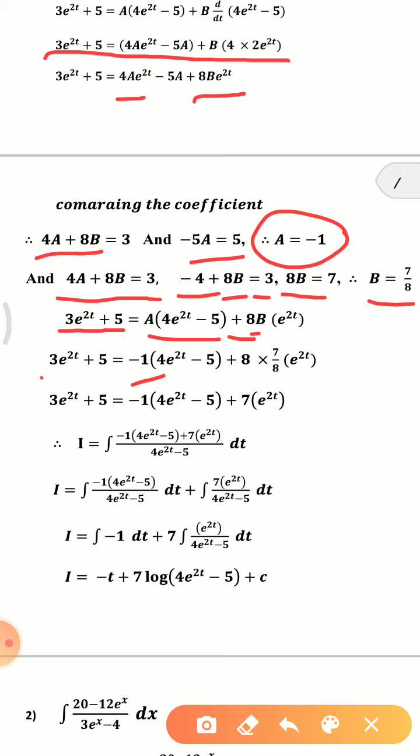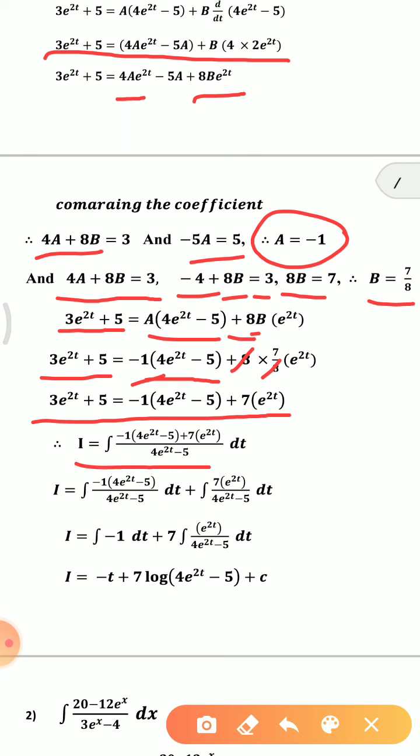That is, 3 e^(2t) + 5 = -1 times (4 e^(2t) - 5) + 8 times 7/8 times e^(2t). The 8 gets cancelled, giving 3 e^(2t) + 5 = -1(4 e^(2t) - 5) + 7 e^(2t).